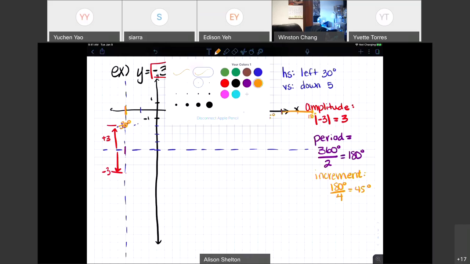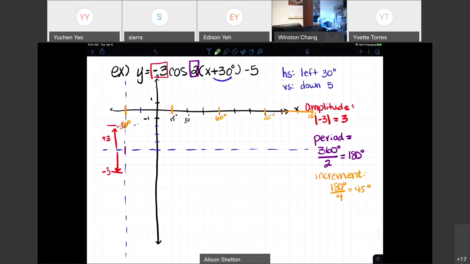Here's the important thing that you should recognize when we're plotting these points: A is negative. So we're going to start low, at the lowest point instead of the highest point at the beginning. At the next important point, we're going to be at the midline, which is -5. At the next important point, which is at 60 degrees, we're going to be at the high point, which is -2.